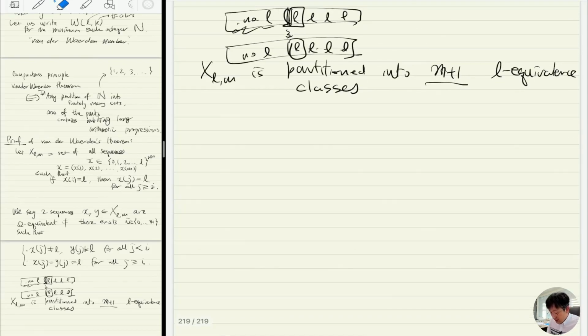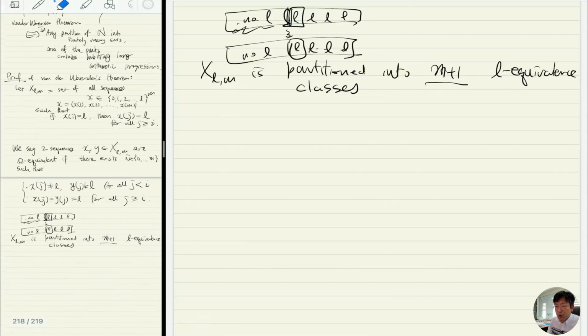Now we have a stronger claim, which will be enough to prove van der Waerden's theorem.